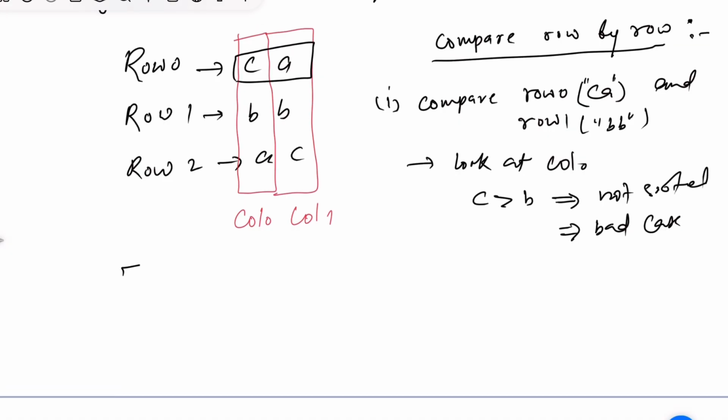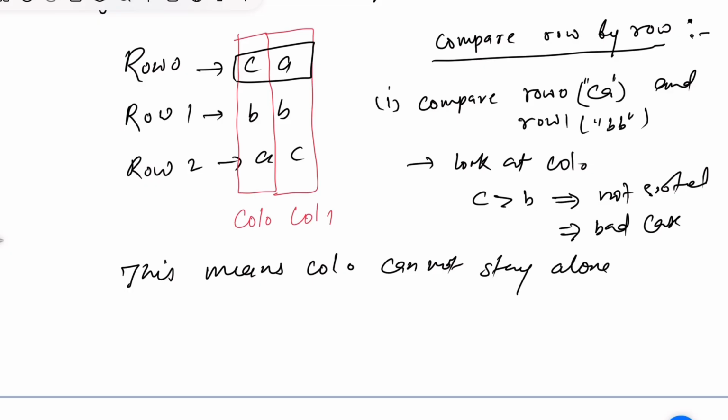This means column 0 cannot stay, because it makes the strings unsorted.